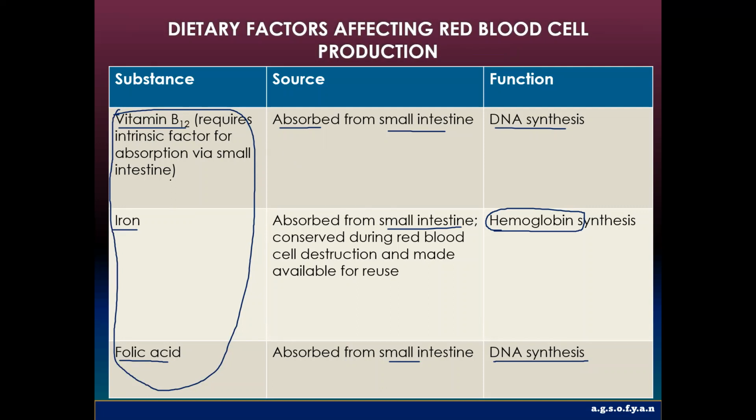If we have a deficiency of these substances in our food, then what happens? We have what we call anemia. So it is really important, when you eat, to make sure you have enough of these substances needed for making red blood cells.